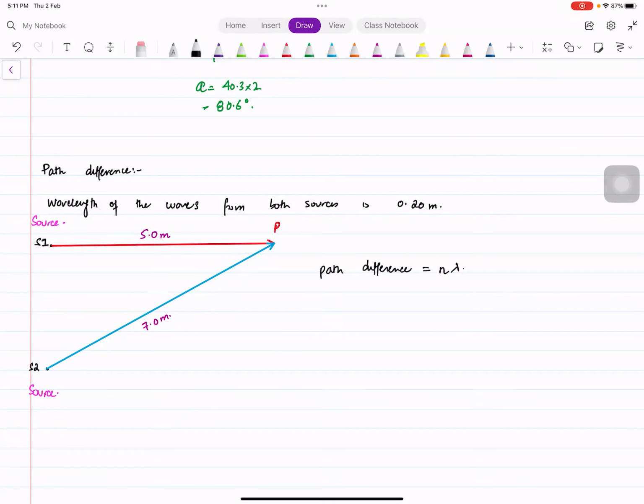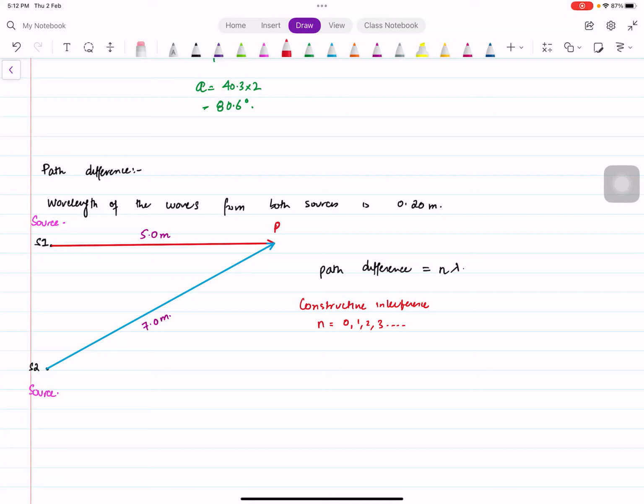Now, you need to remember if at a certain point it is constructive interference, then n should be equal to 0, 1, 2, all whole numbers. Is that clear?